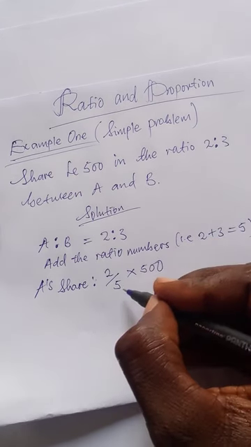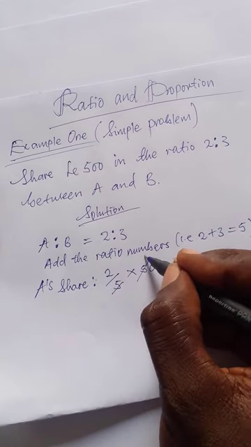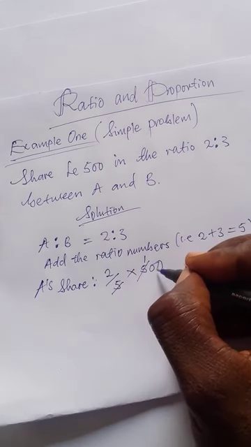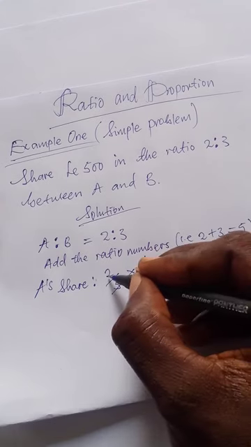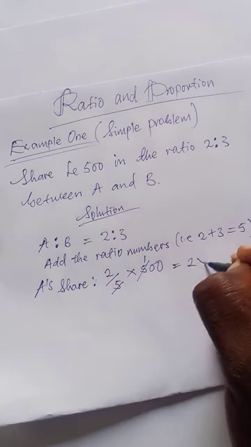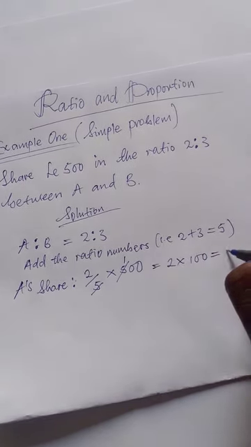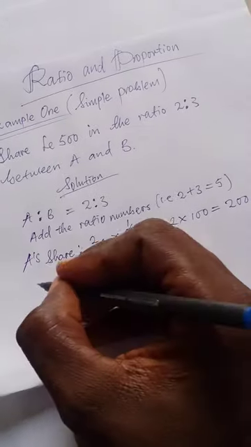Mathematically, 5 and 5 will cancel each other, and we're left with 1 here. So 500 divided by 5 is 100. So we are left with 2 times 100. 2 times 100 is equal to 200. Is that not so?